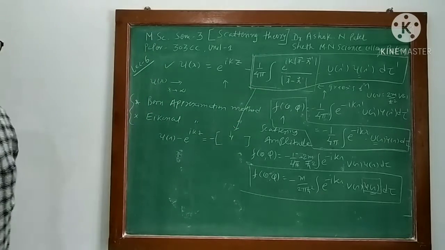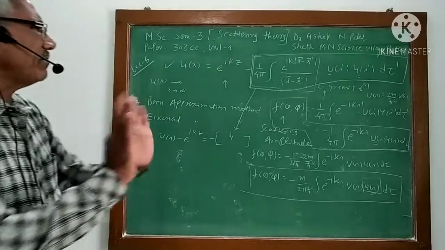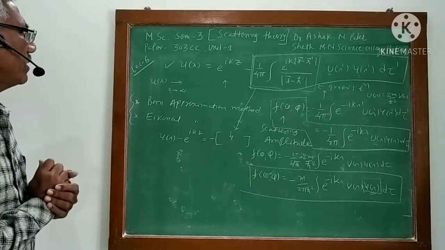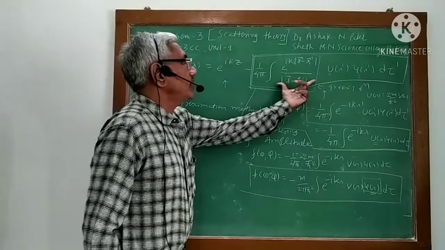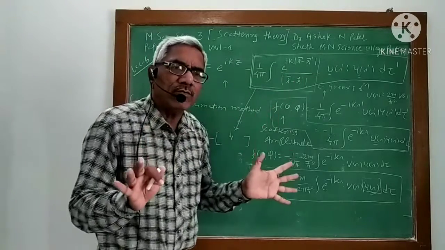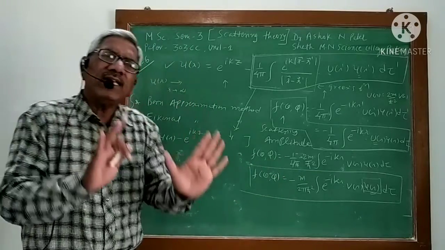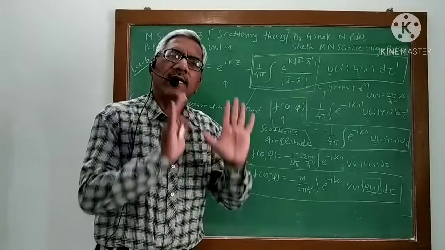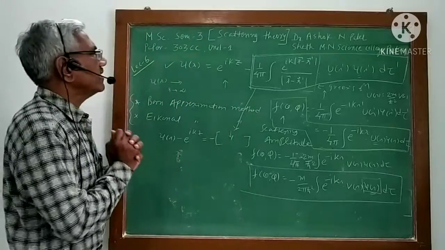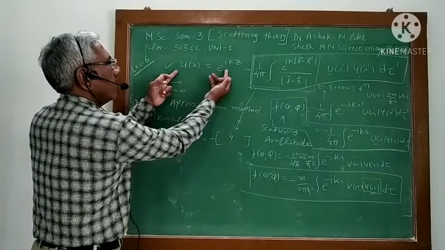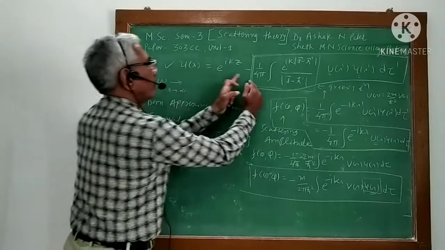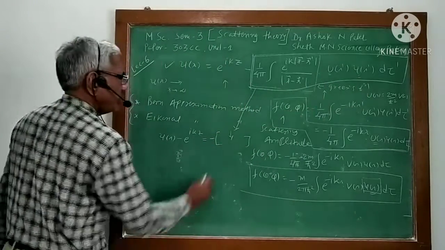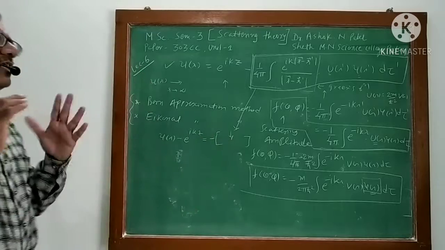I don't write it over here at this point of time. I am just explaining in short that this is the scattered part, and I initially assume that the scattering is of low magnitude, very low magnitude. In that case, what will happen? If I take this term over here, UR minus something is equal to this term, but this is very small.